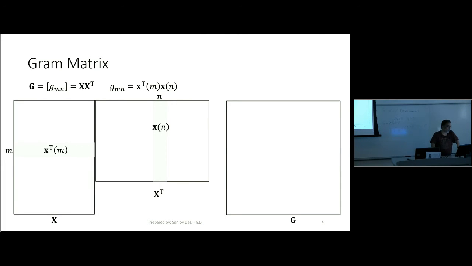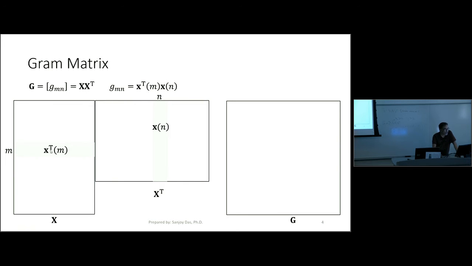And how do we do matrix multiplication? To get an individual element in the product, we take rows of the first matrix and columns of the second matrix, correct?